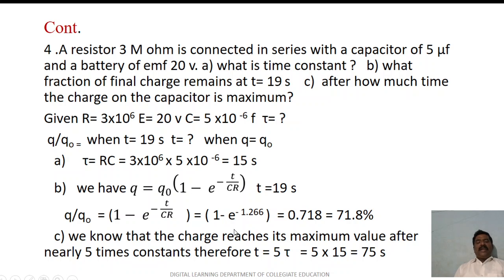Sending it to the denominator, 1 minus 1 divided by e raised to the power of 1.266, and simplifying this, you will get 0.718, which is equal to 71.8%. That is the Q by Q naught value, nothing but the fraction of final charge.